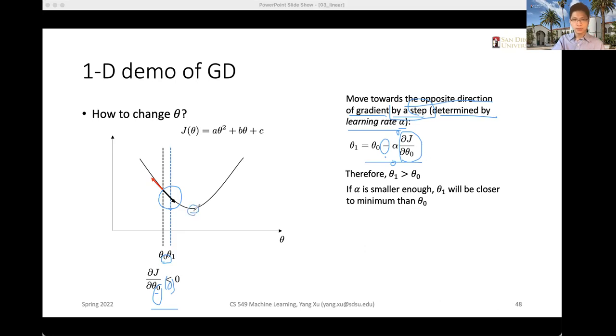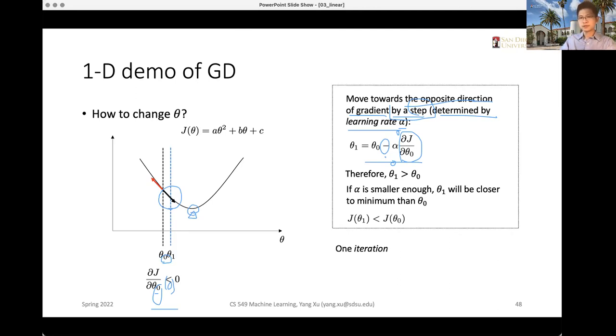If we control our alpha properly and don't make this step too big, then theta 1 will be closer to the theoretical minimum point, and J of theta 1 will have a smaller value. So that is one complete iteration of the algorithm.